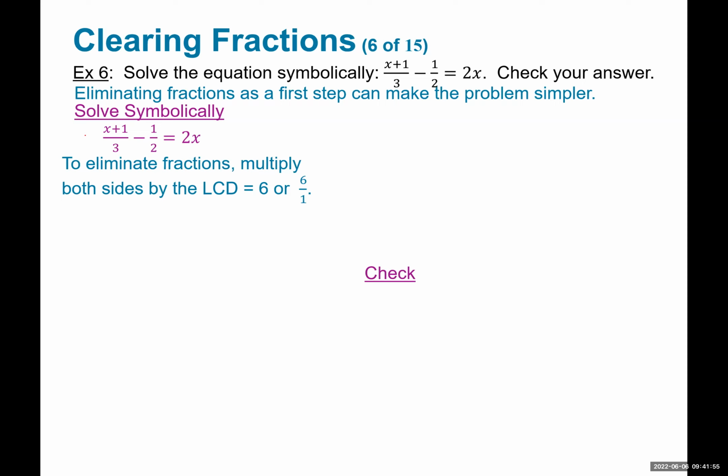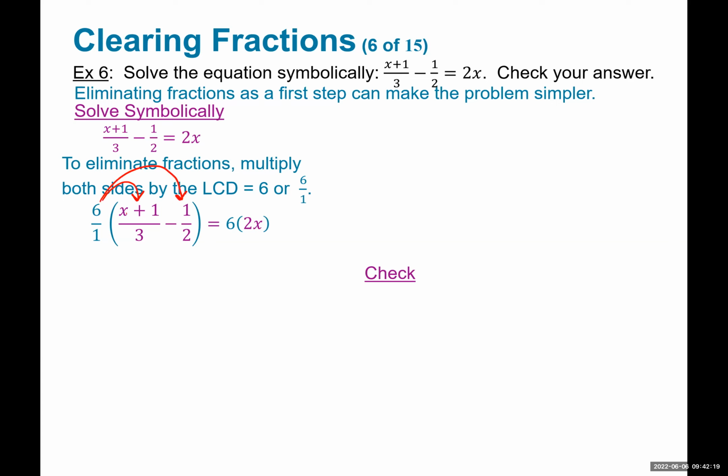And so that way we will have no fractions left if we multiply by 6, because 6 is basically going to scale up our entire equation, but it's not going to change the equation. So if we multiply everything by 6 on the left and the right, the 6 goes into this first part and then it goes into the second part.